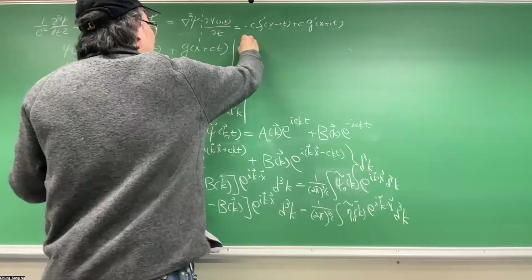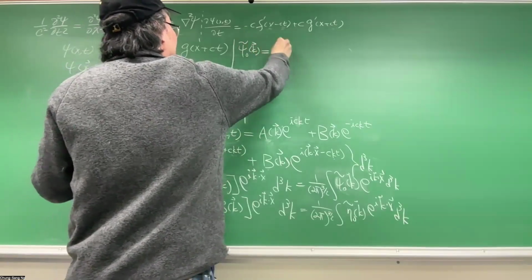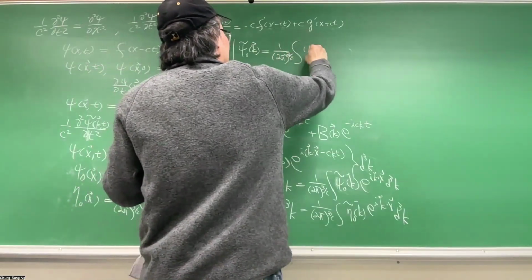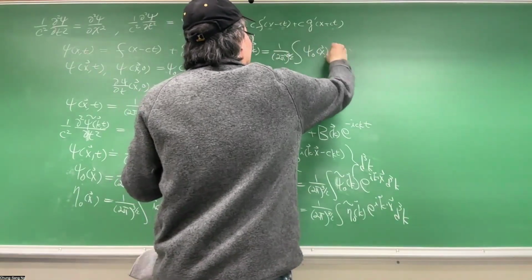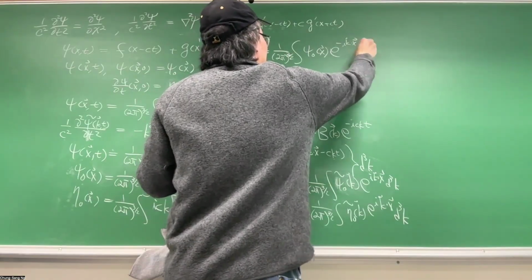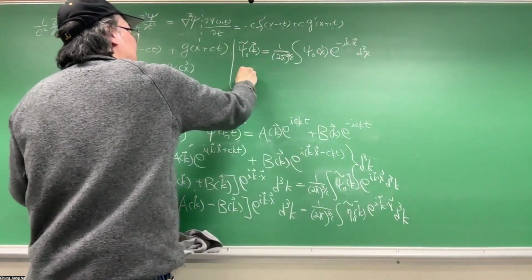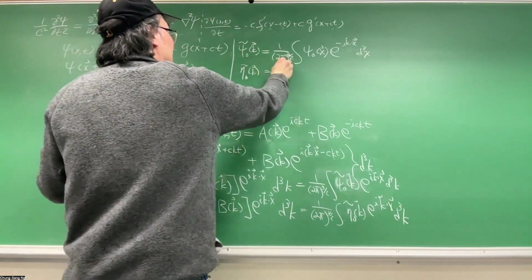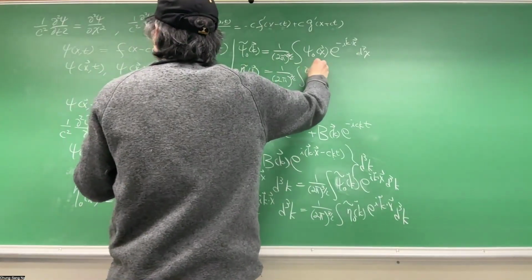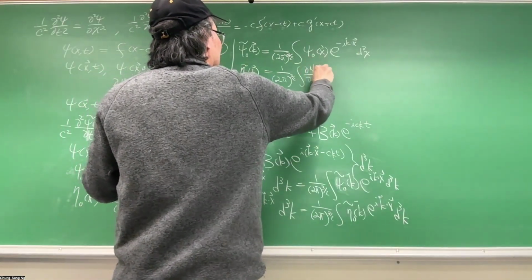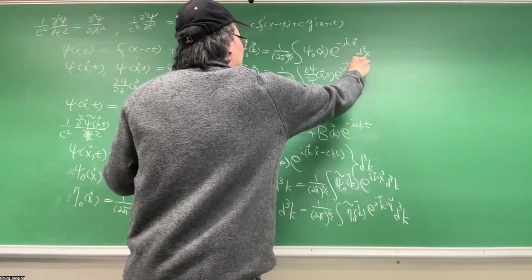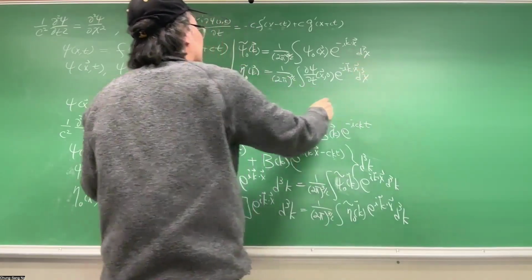The psi 0 tilde of k will have the same factor, and the psi 0 of x, except you change this to a minus sign. Eta sub 0 of k, this is partial psi, partial t at 0, e to the minus ik dot x. Lots of writing.